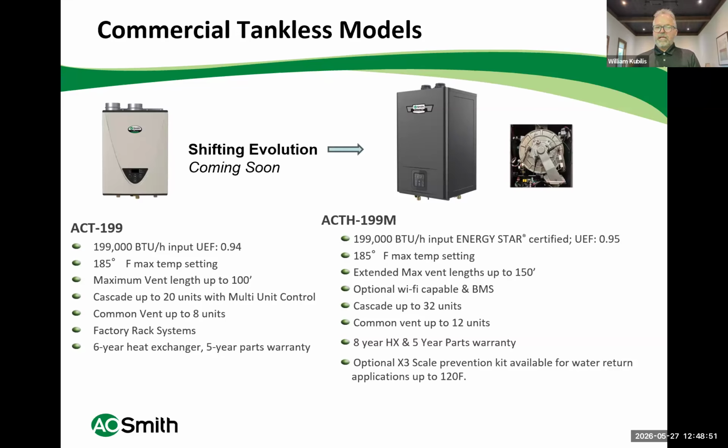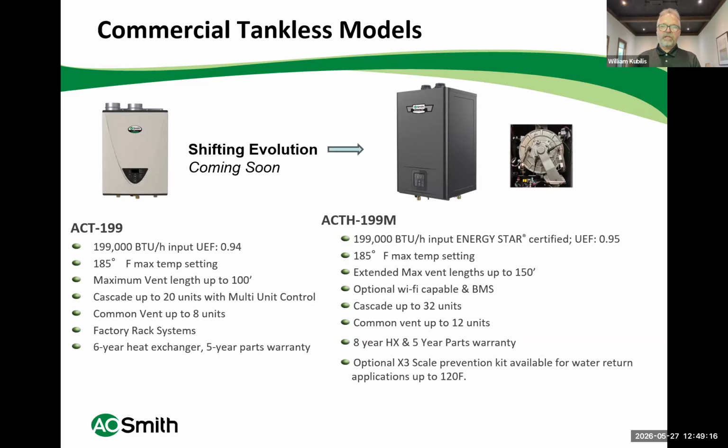And the ACTH 199 does have an optional scale prevention kit where it will eliminate heat exchanger flushing, but your return water temperatures have to be under 120 degrees Fahrenheit, or you'll damage the cartridge.